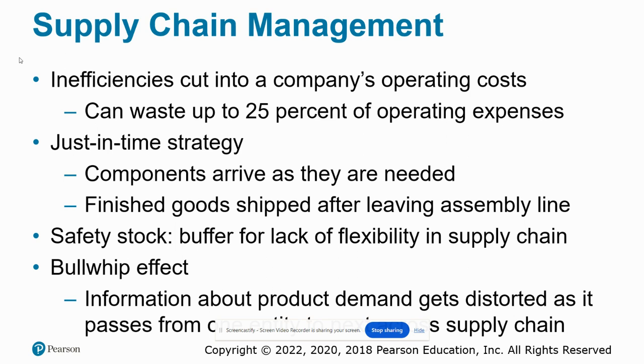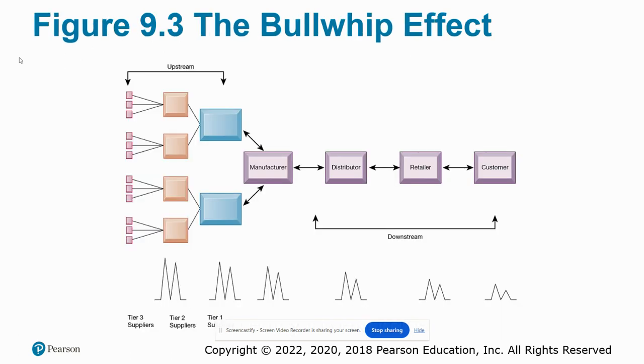Another effect of uncertainties is the bullwhip effect. Inaccurate information can cause minor fluctuations in demand for a product to be amplified as one moves further back in the supply chain.